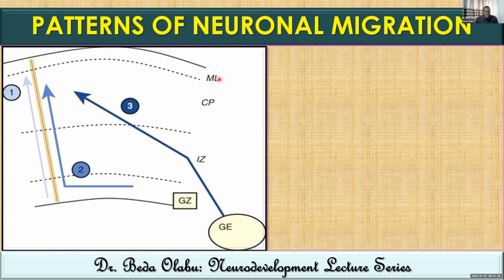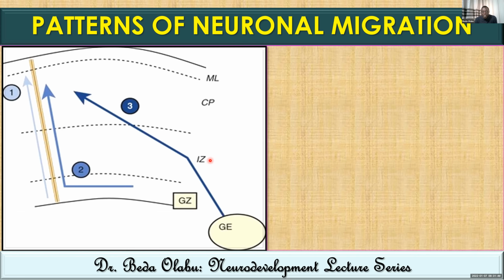ML here refers to the molecular layer of the cerebral cortex, and CP refers to the cortical plate, where we want to form the other layers of the cerebral cortex. IZ here means the intermediate zone, the zone that is going to be the future white matter.